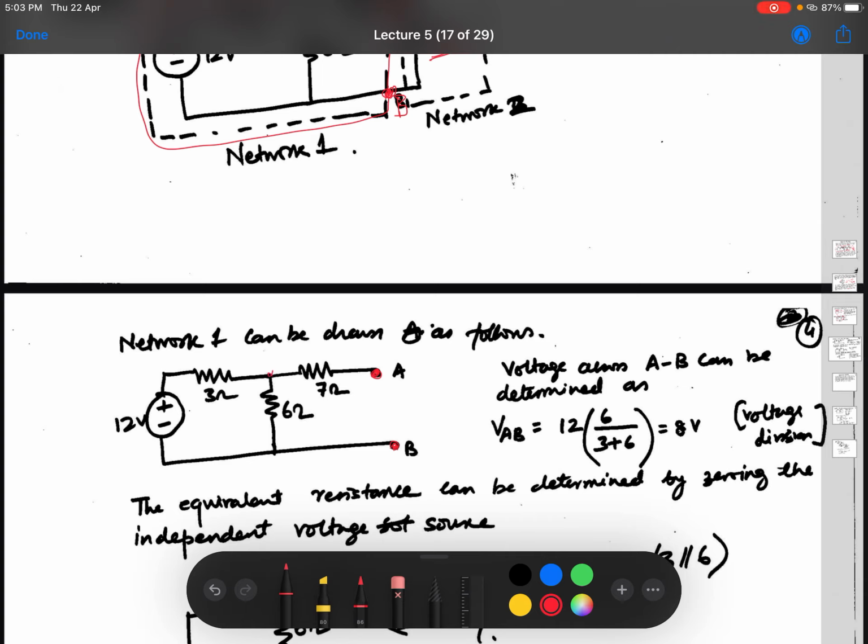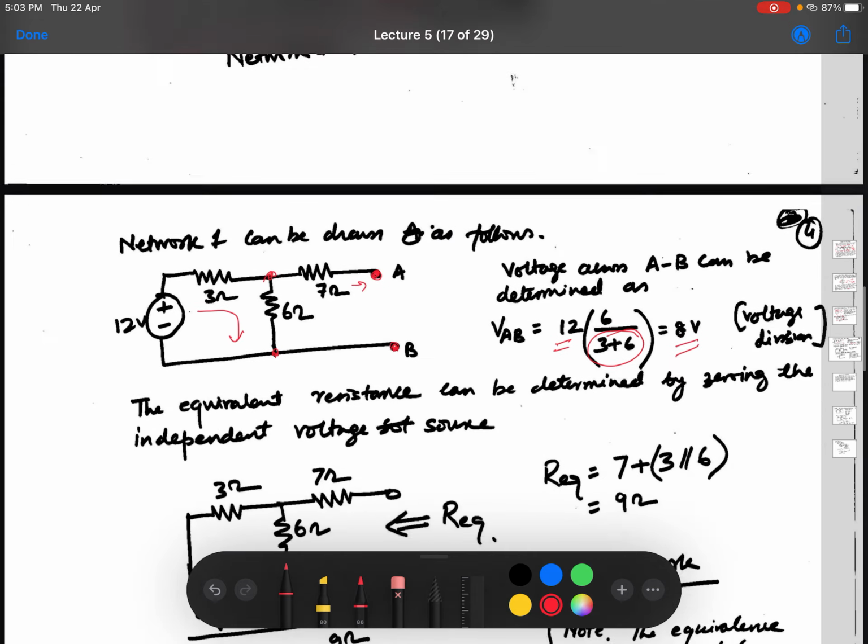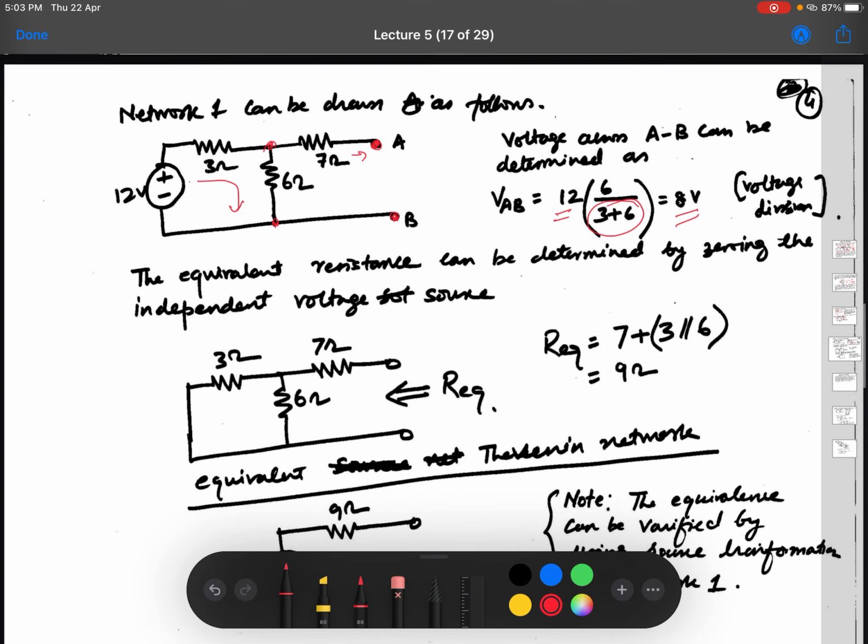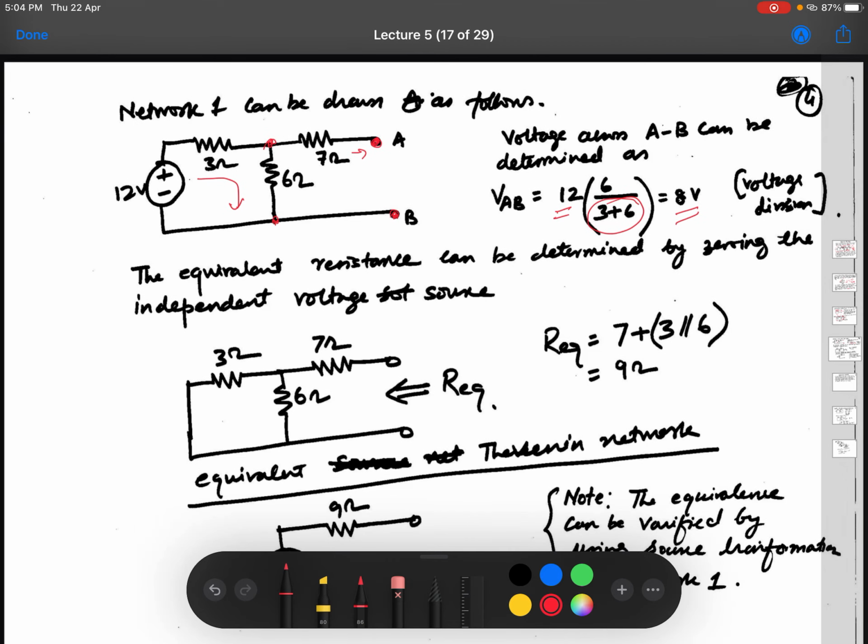So basically it is the voltage across the 6 ohm resistance, because no current is flowing in this and only current is flowing in this. So whatever is the voltage across the 6 ohm resistance, that is also the voltage across A and B, and that is what is calculated over here. That is total current, 12 upon 3 plus 6, multiplied by 6, that is 8 volts, which is the Thevenin equivalent voltage for this particular circuit across A and B.